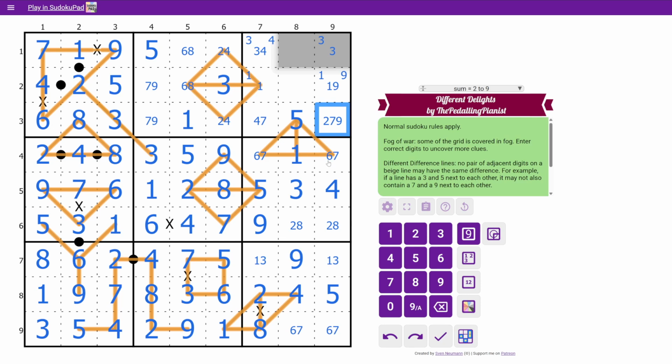Anything? What have I not resolved yet? If this is a 6, this cannot be a 1. If it's an 8, it could be.